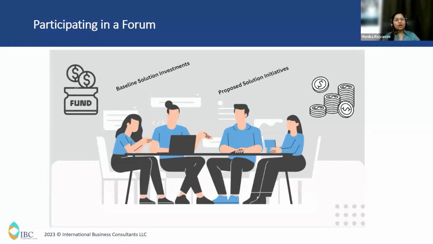Now we need to divide the amount among all the initiatives we like. We think that as per the organization they are good to go ahead, and they are going to provide a good result for the organization.